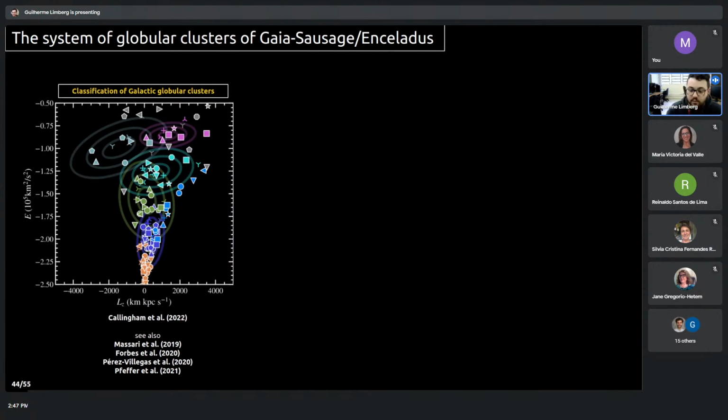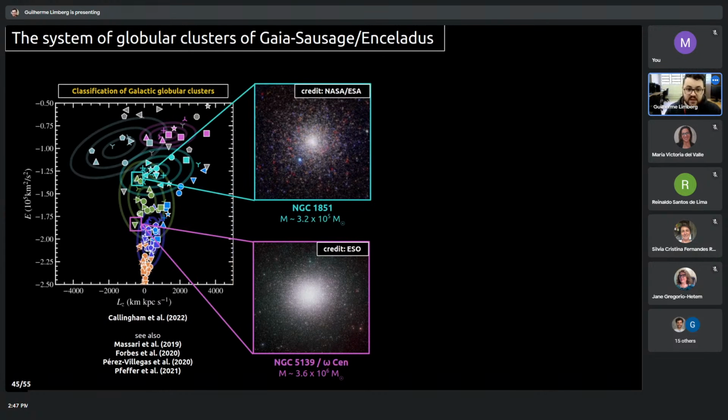And now moving towards the globular clusters, this is again that figure that I showed to you a few slides ago, in which we have the classification of globular clusters within several accreted dwarf galaxies, and the green points represent the accreted globular clusters associated with the Gaia-Sausage galaxy. Among these globular clusters that people have classified as associated with the Gaia-Sausage, we can see that two of them are pretty massive. One of them is NGC 1851, and the other is Omega Centauri.